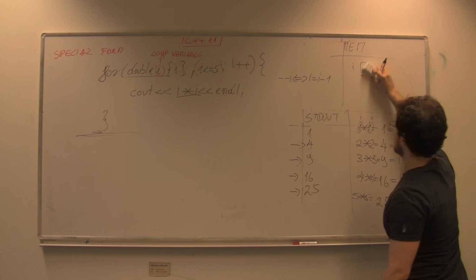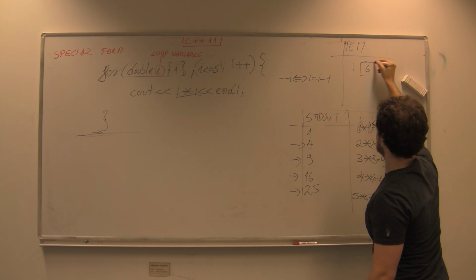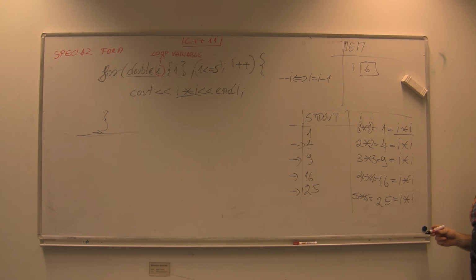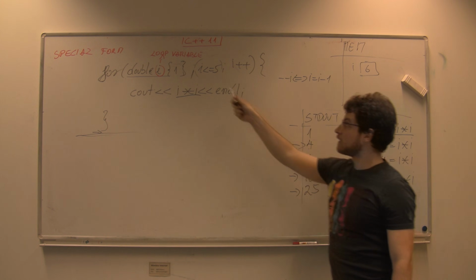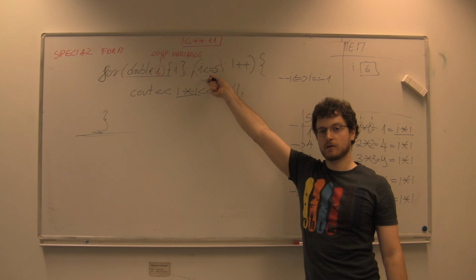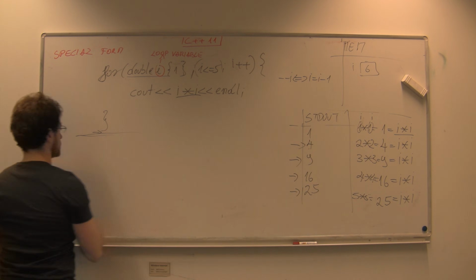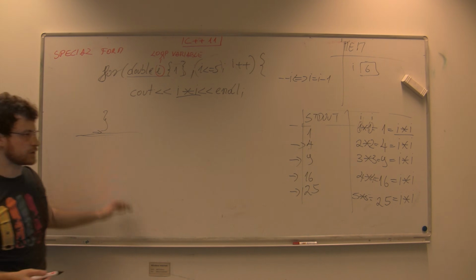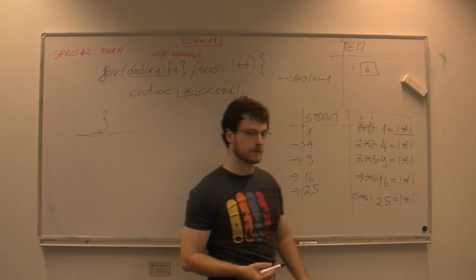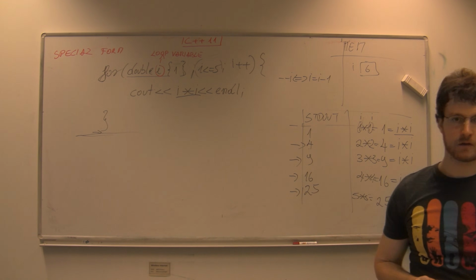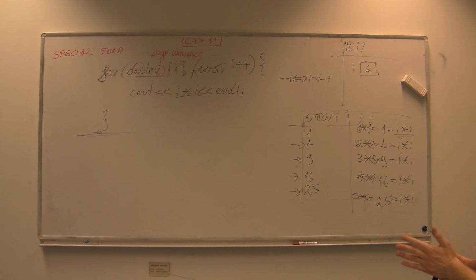Incrementing the loop variable results in I having the value of 6. And the condition no longer is valid. So the loop execution is terminated. And the result is the first 5 square numbers on standard output.